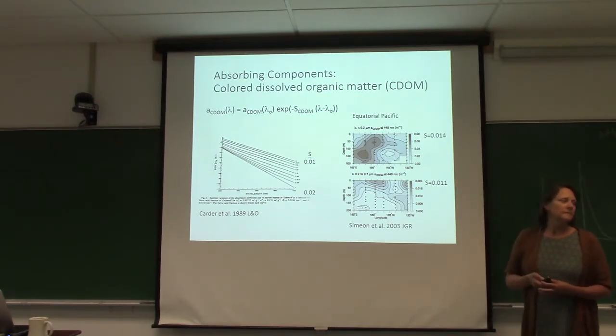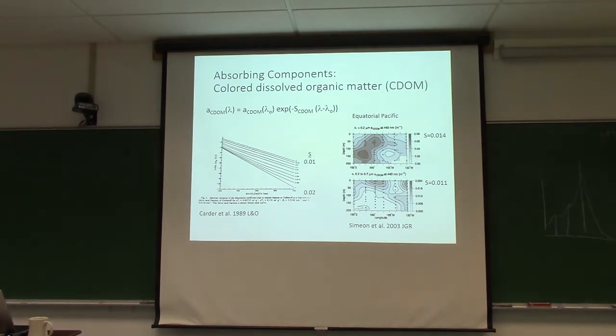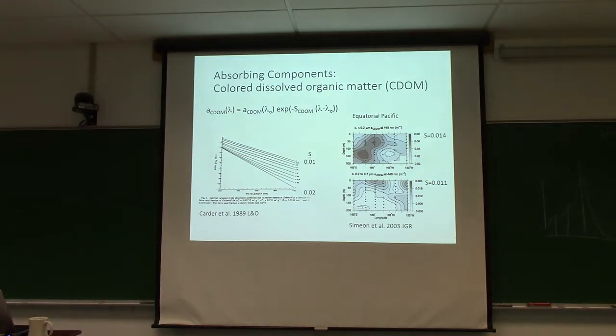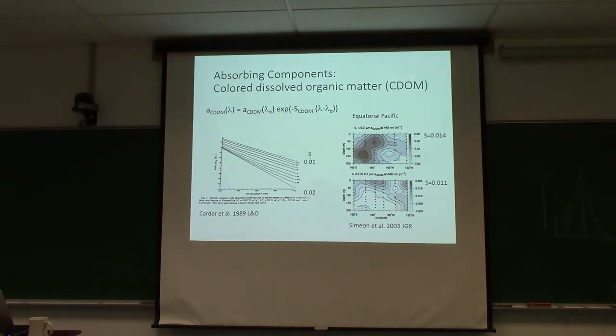What wavelength would you use to derive this slope? Well, so that's a question. Some people go from 200 to 500, some people go from 300 to 500, some people go 400 to 600. So we'll talk about that. Because it's different material. In the dissolved fraction, as you go further to the UV, you tend to be more sensitive to nucleic acids. So where you calculate your slope matters. I calculate 3 different slopes, and I do them all the time, and then I compare all of my 400 to 600 nanometer slopes with each other.